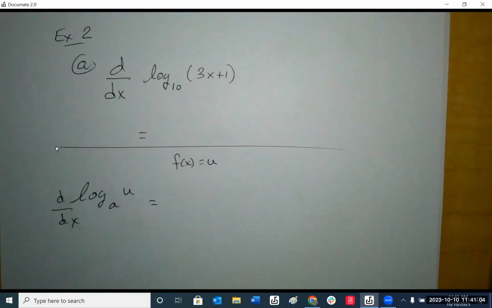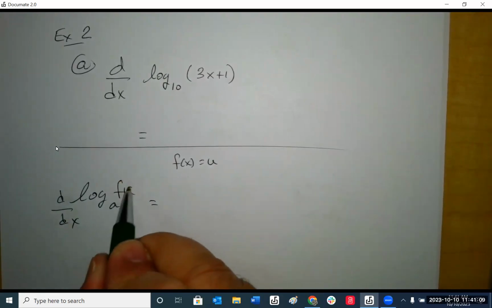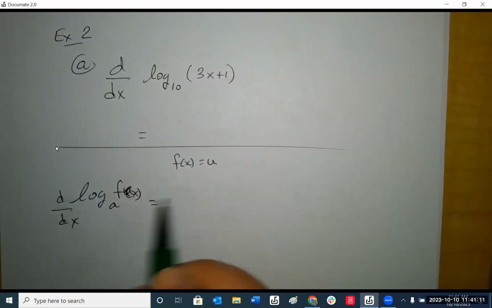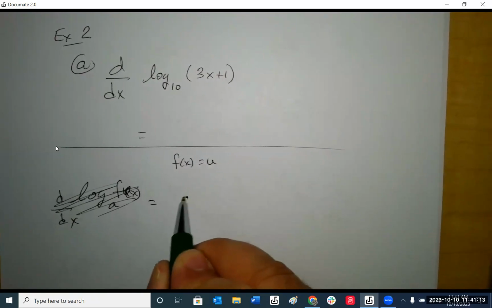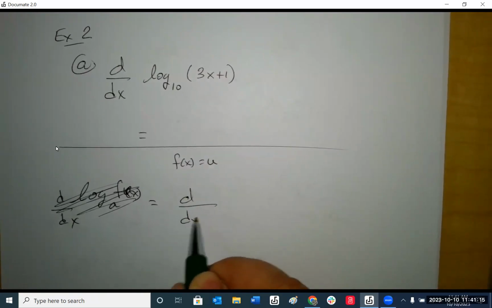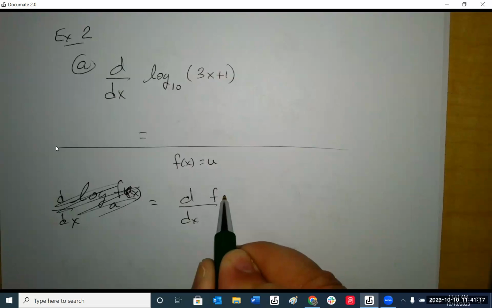Let's take the derivative of log base a of a function, the derivative of some function.